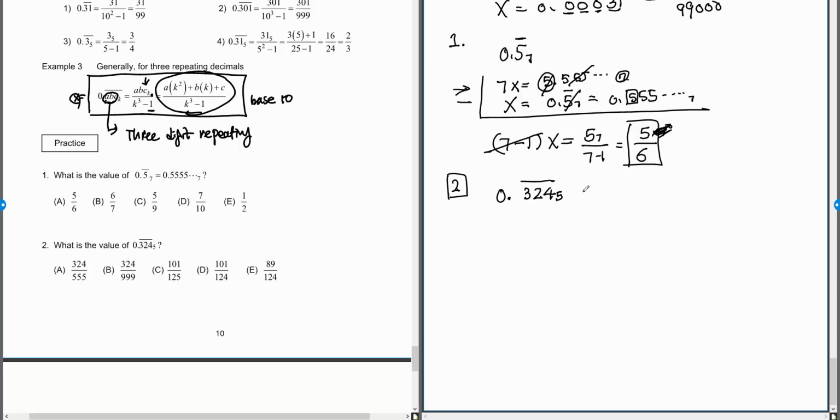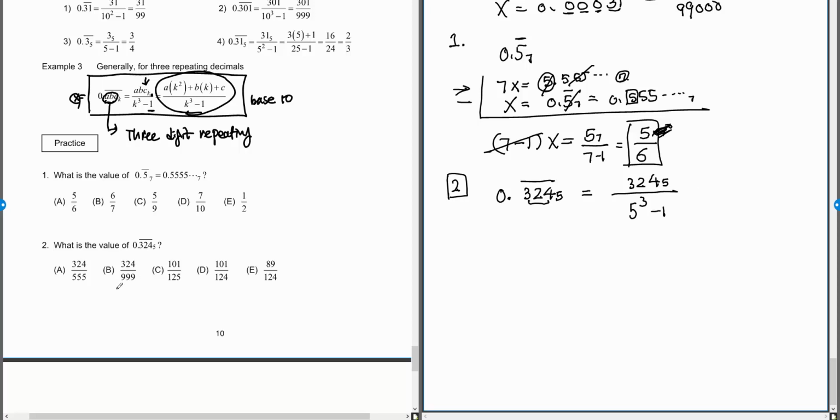This one is equivalent to this one. 3-digit, so we multiply by 5 to the third power, isn't it? Yeah. Over that number minus 1, right? And this number goes to the numerator, but this number is still base 5, isn't it? Yeah. Okay, now let's find the base number 10 numbers.